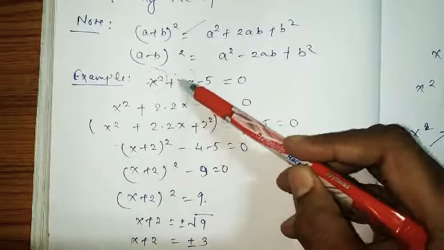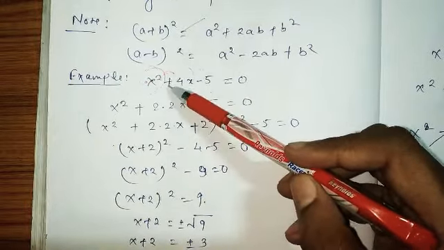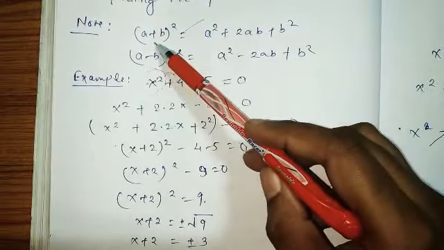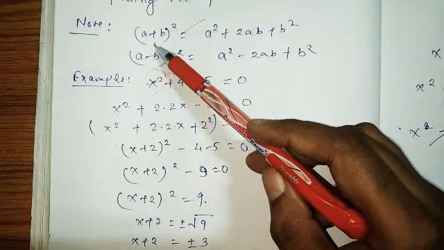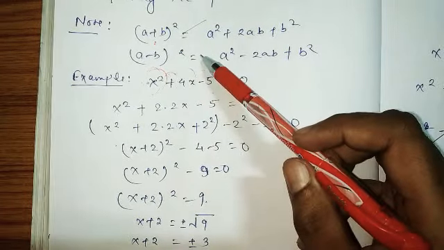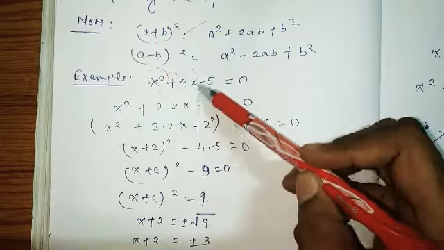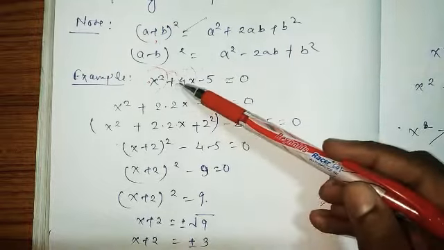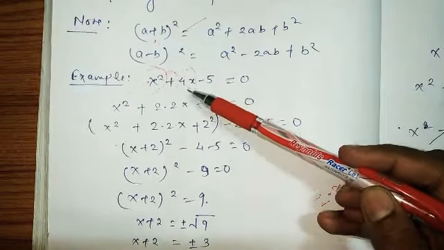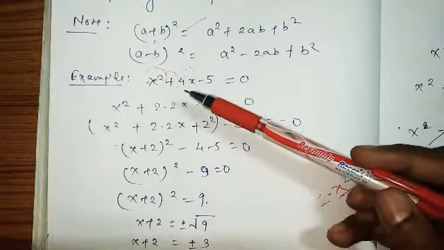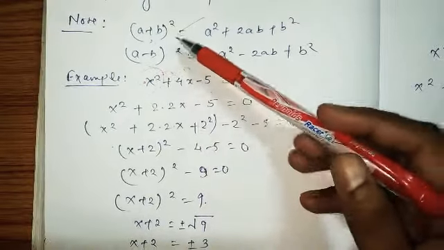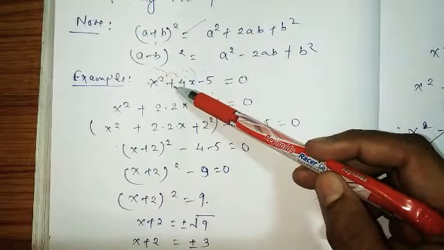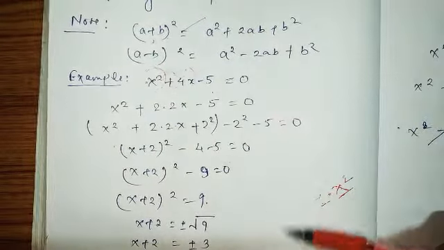And if this is a minus sign, then the formula will be a minus b whole square. So it all depends on the sign of the second term. Here the sign is plus, so my formula of complete square is a plus b whole square. If it were a minus sign, then the formula would be a minus b whole square.